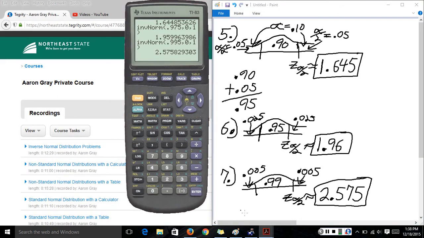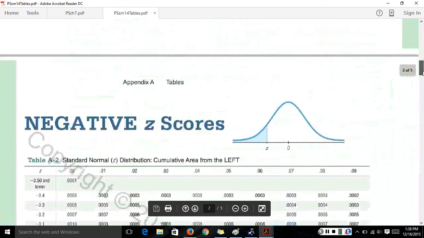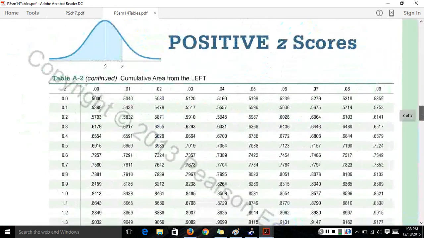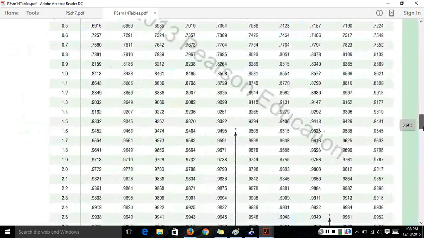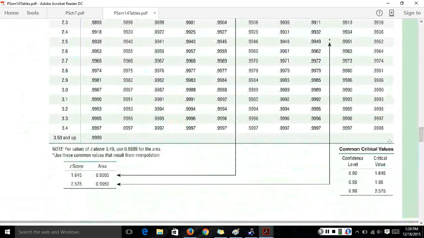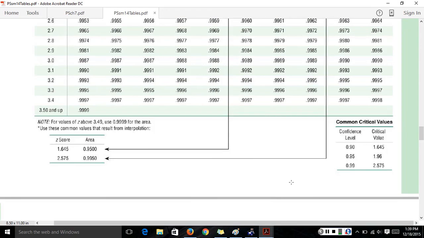If I take a look at my tables and scroll down to the positive z-score tables, down at the bottom right-hand side, you'll notice something interesting. Common critical values. I'll notice the common critical values that are listed here.